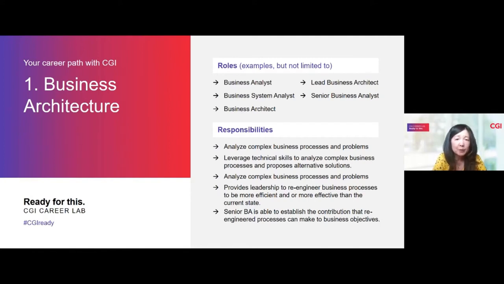Responsibilities include leveraging technical skills to analyze complex business processes and providing leadership in re-engineering them to be more efficient and effective. The senior BA also establishes the contribution the re-engineered process makes to business objectives. So it is very much about re-engineering of work.